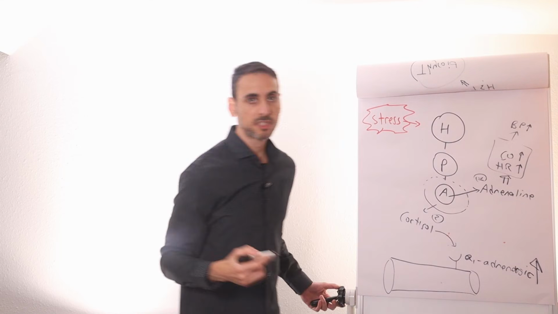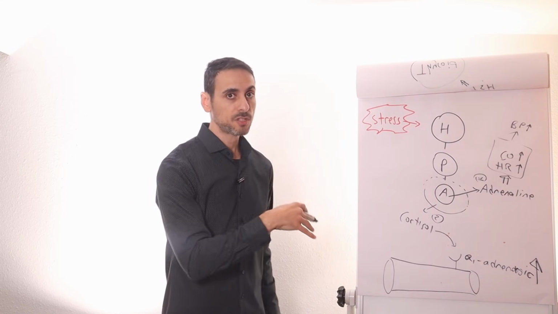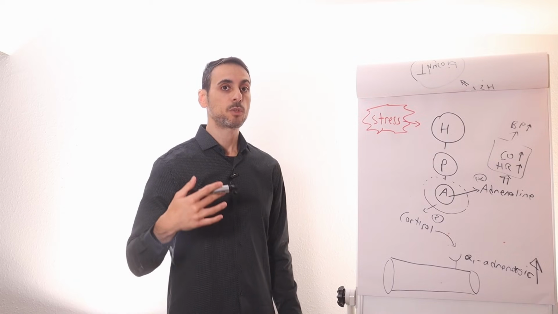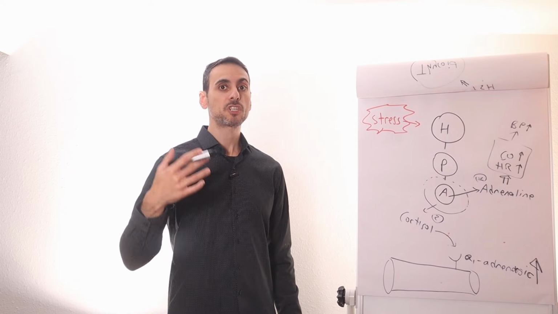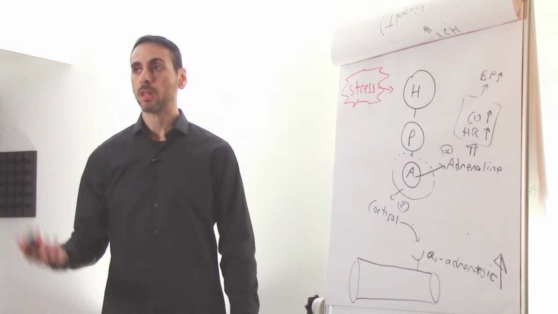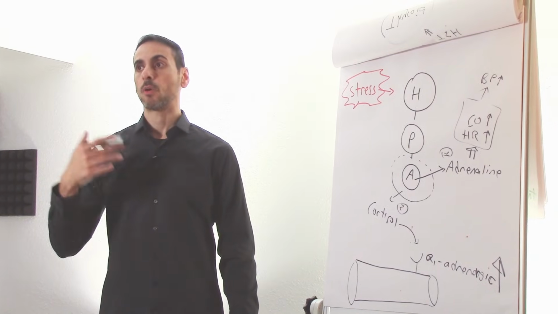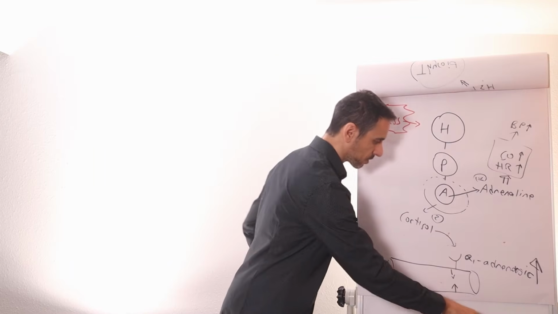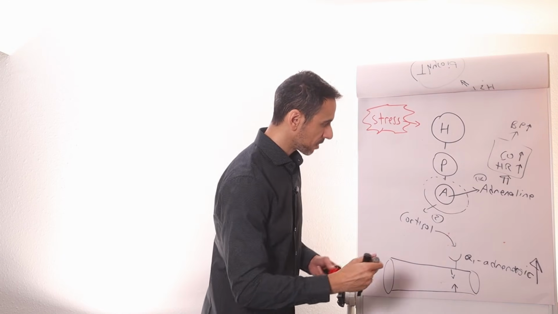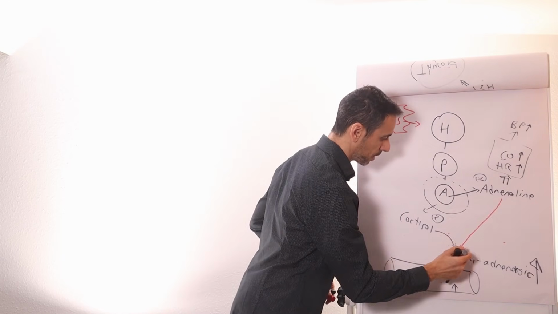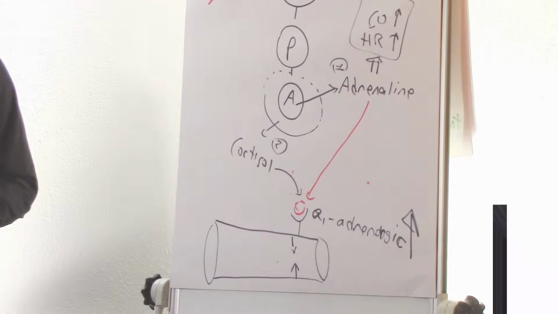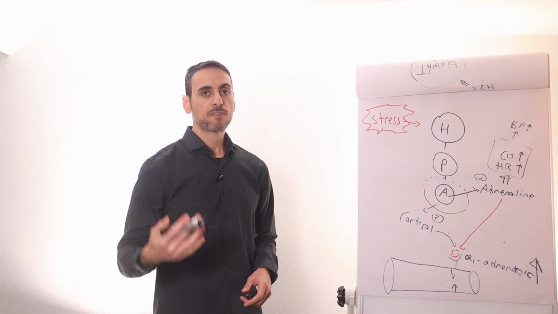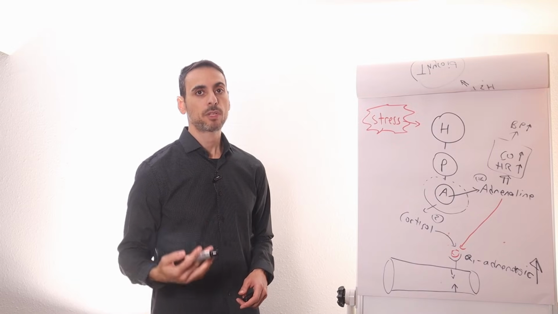This receptor that sits on the vascular smooth muscle increases in sensitivity, which makes the blood vessels more responsive to catecholamines such as epinephrine and norepinephrine, which lead to vasoconstriction, right? Because now we have higher sensitivity to adrenaline or noradrenaline. So that's one mechanism.